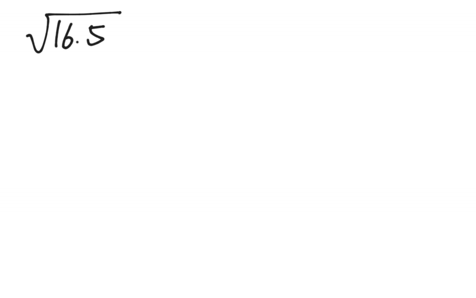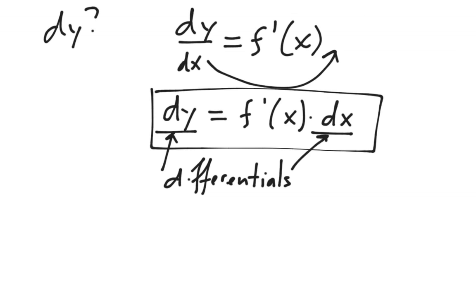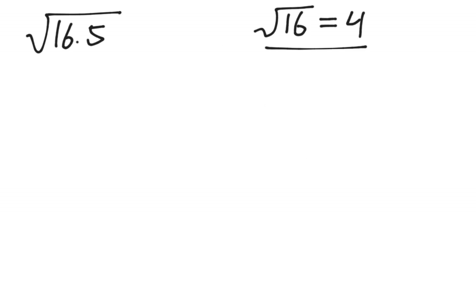Do we know the square root of a number that's close to 16.5? The answer is yes, we do. We know that the square root of 16 is 4, and we're going to use that fact to help us. So to use differentials, we're probably going to use this equation at some point, so we need a function. What should be our function? Well, how about f of x equals the square root of x?